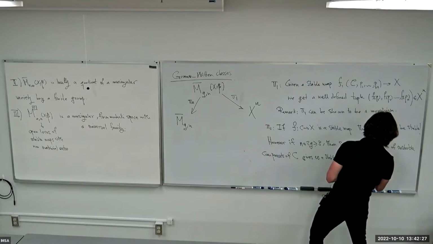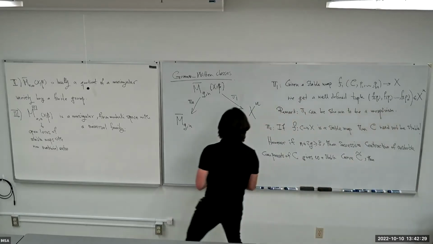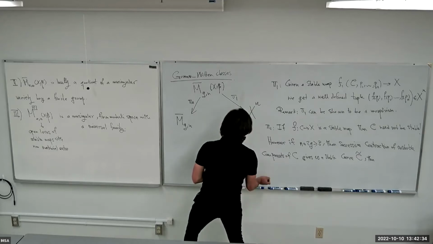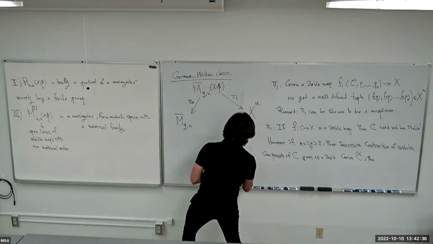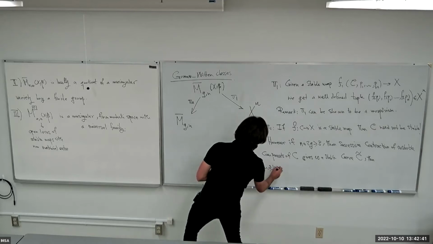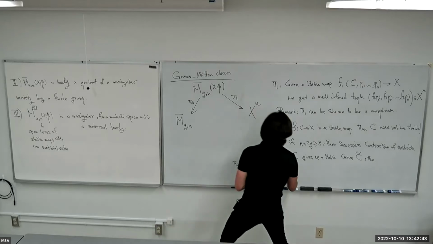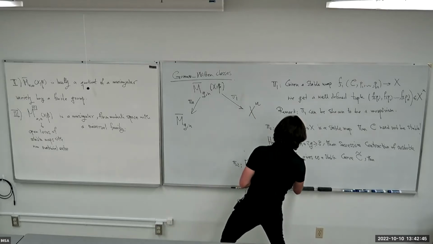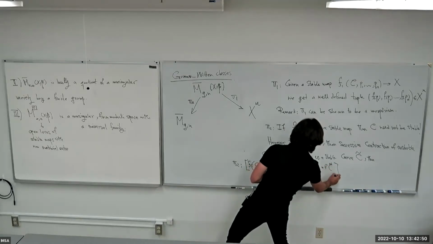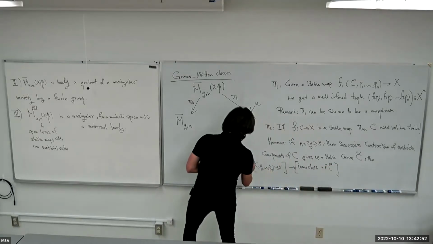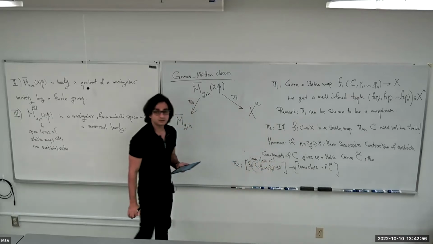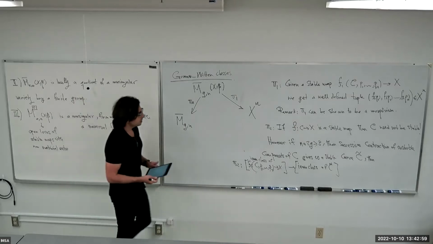Then one can say that pi 2 is the map from isomorphism classes of maps from C to X, with marked points p1 through pn, to the isomorphism class of C tilde.